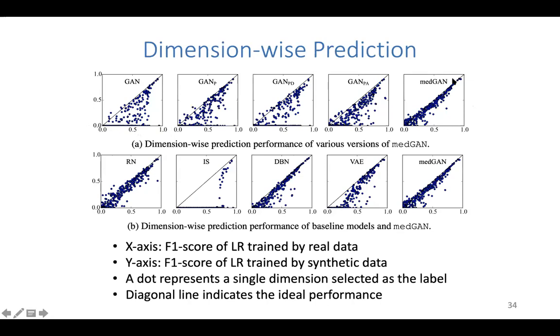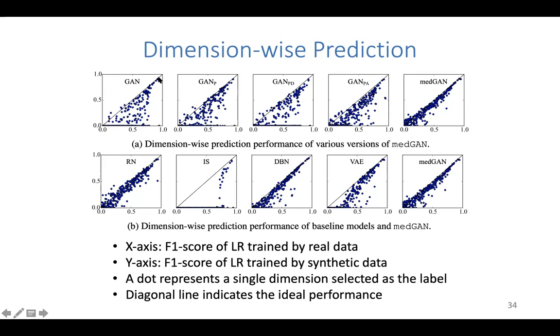All right, so let's see. So here is exactly the same. So the x-axis is the F1 score of logistic regression trained by real data, and there must be 615 dots here.